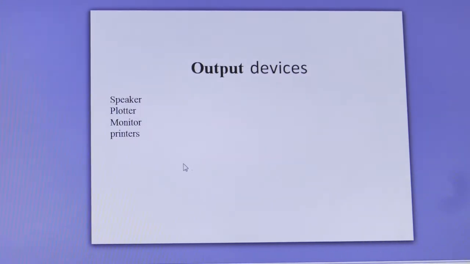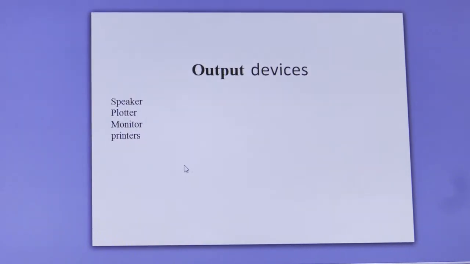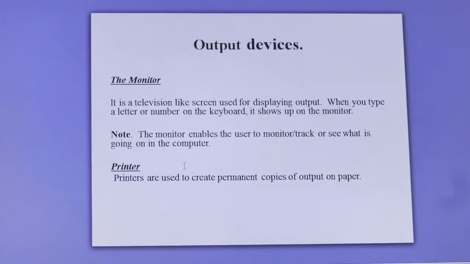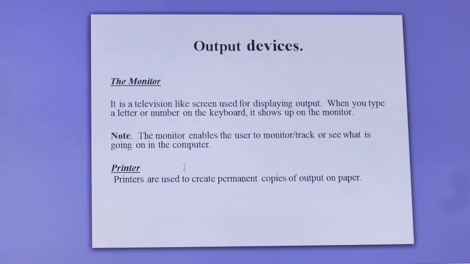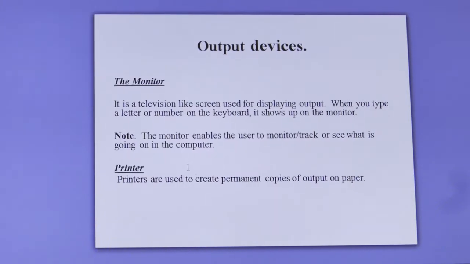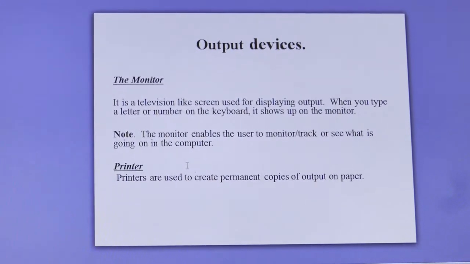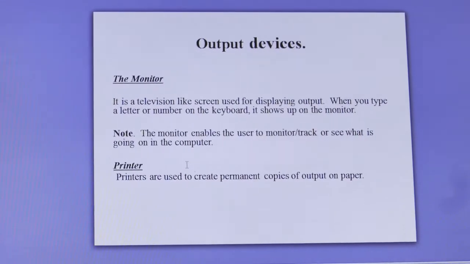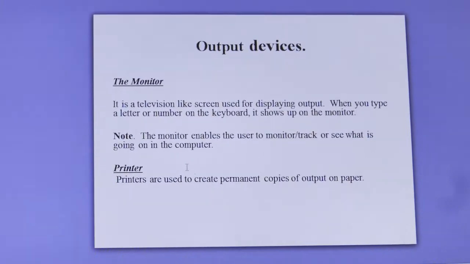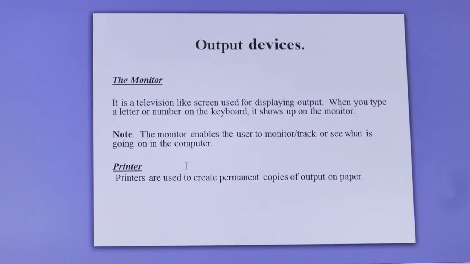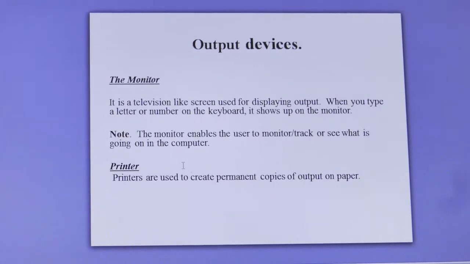We have plotters, we have printers. The screen is a television-like monitor that is used to display the output. For example, when you type anything on the keyboard, it shows on the monitor or the screen.